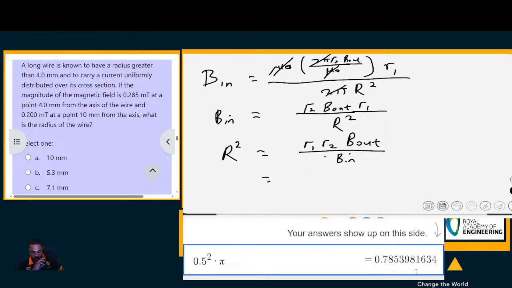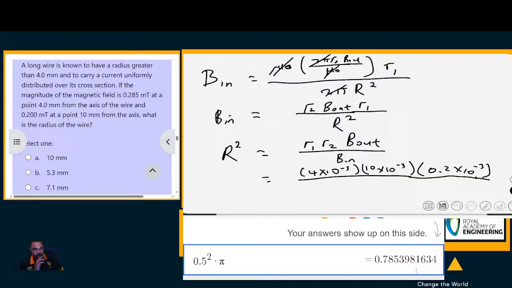So if you plug in all of the values, the radius inside is 4 millimeters, so it's 4 times 10 to the negative 3. Outside is 10 millimeters, 10 times 10 to the negative 3. The magnetic field outside is 0.2 millitesla, 0.2 times 10 to the negative 3.